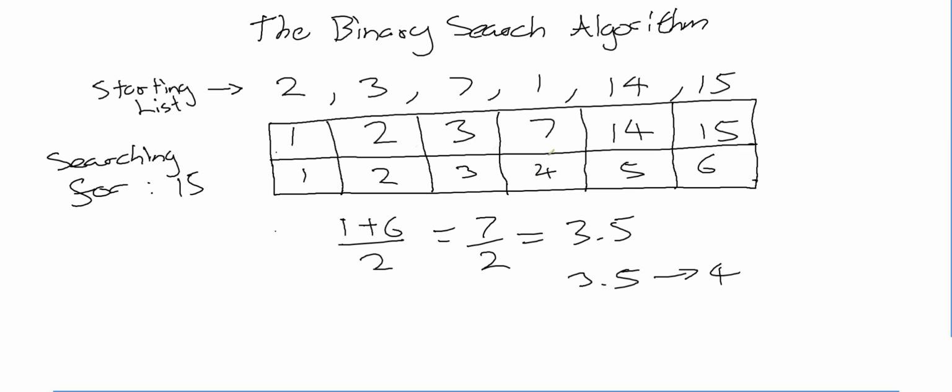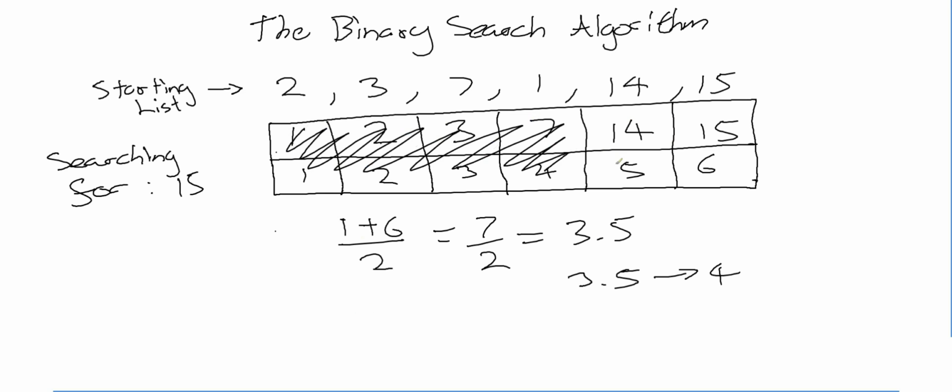So we ask, is 7 less than 15 or greater than 15? 7 is less than 15. So we exclude the part of the list that is less than 7, because we know that 15 can't be less than 7. We know that 15 can't be in this part of the list, so we're going to exclude list items 1 to 7.